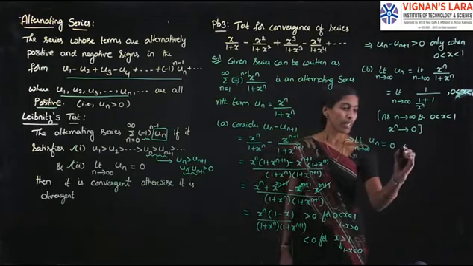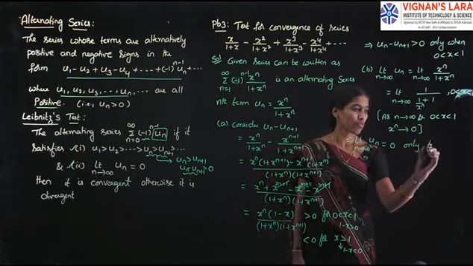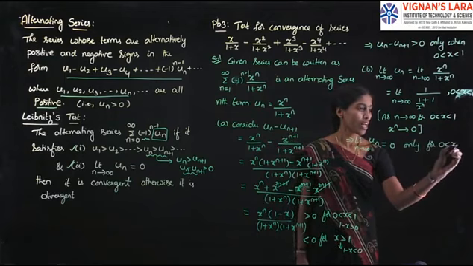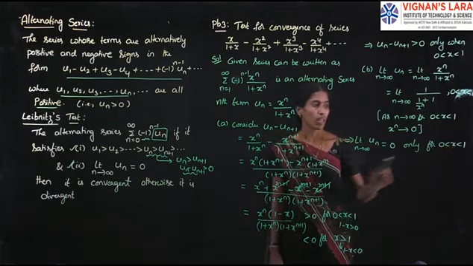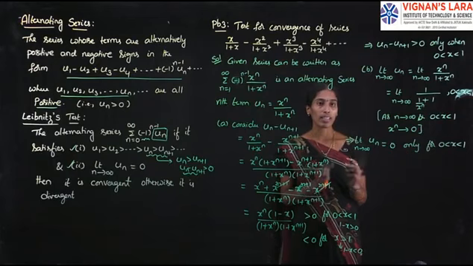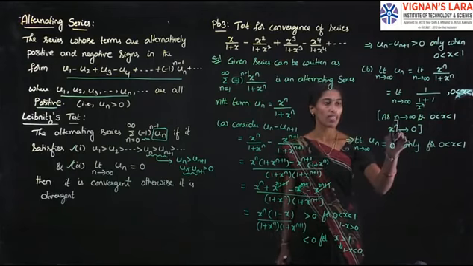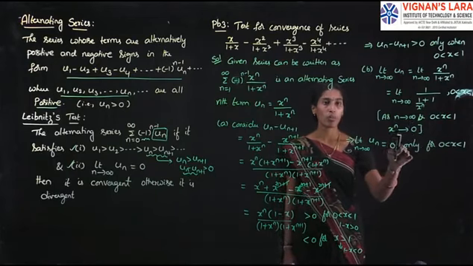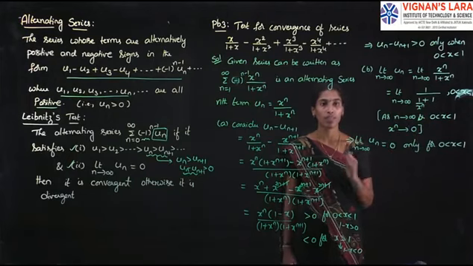It is valid only for 0 less than x less than 1. If x value is other than this boundary, as n tends to infinity, x to the power n also tends to infinity, right?